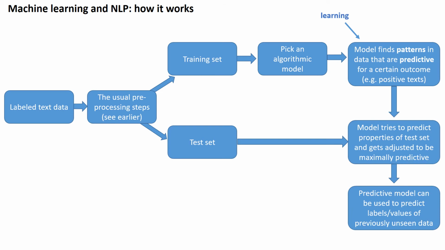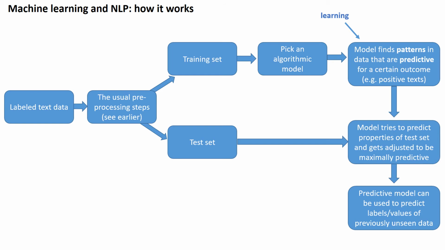And if we have done that, if the model can predict or label our movie reviews as positive versus negative with enough precision, well, we can just use this predictive model to predict labels and values of previously unseen data.